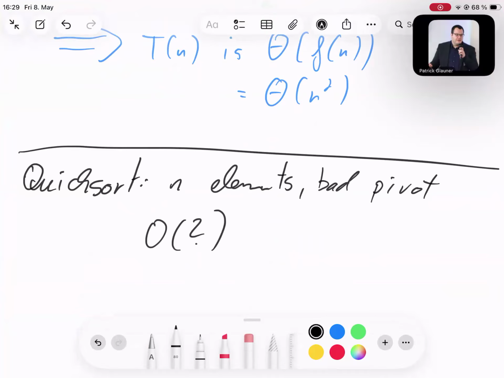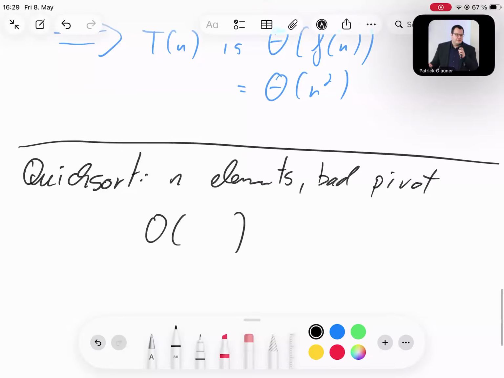Let's see. Say a bad pivot is all the elements going to the left sublist except the pivot, or all going to the right sublist except the pivot. And I have to run a lot of recursive calls. What do you think this O of n could be in the worst case?